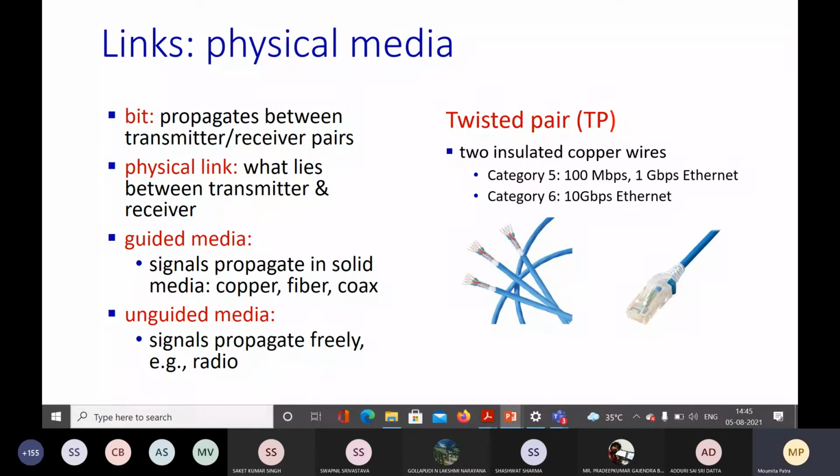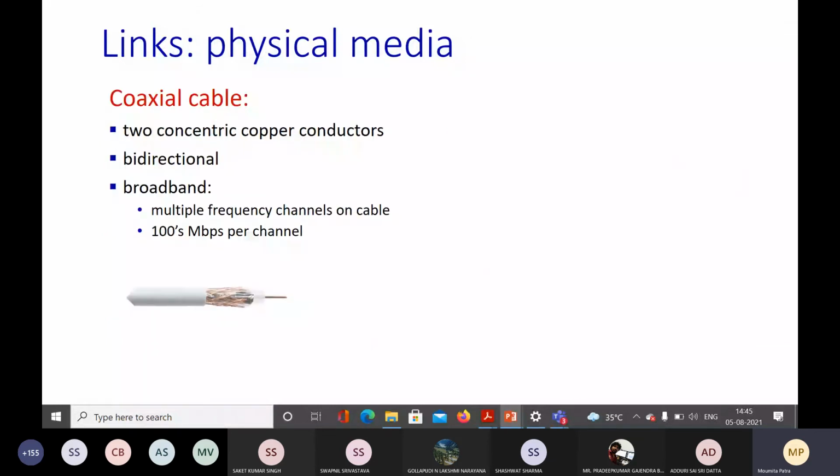Now let's get to coaxial cable. Coaxial cable basically has two concentric copper wire conductors, separated with the help of insulation in between, of course. It provides bidirectional communication. It is in general used for broadband communications because it helps to provide multiple frequency channels.